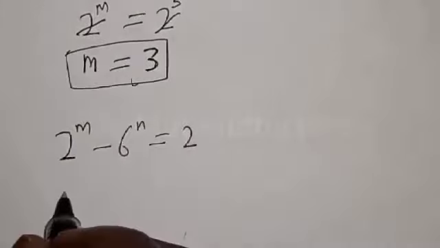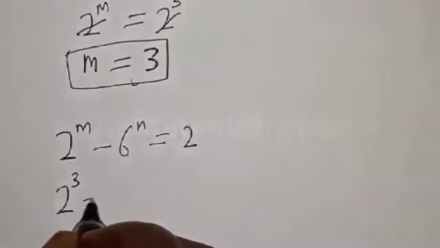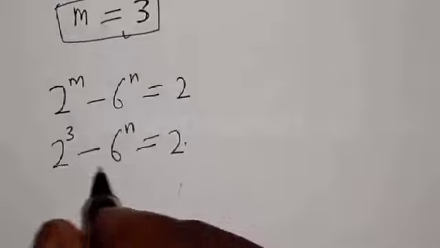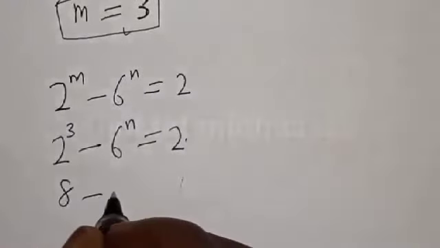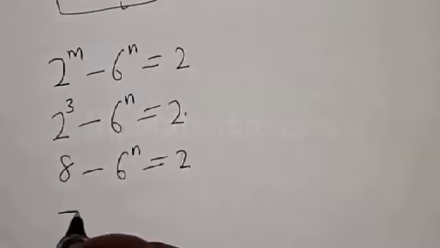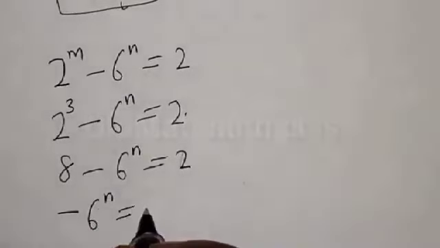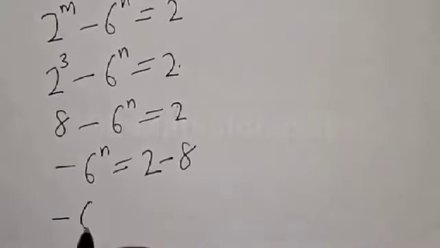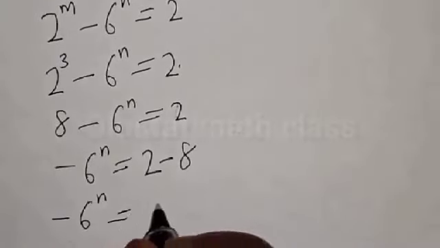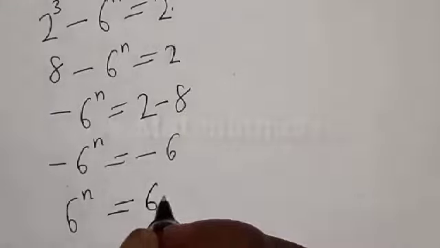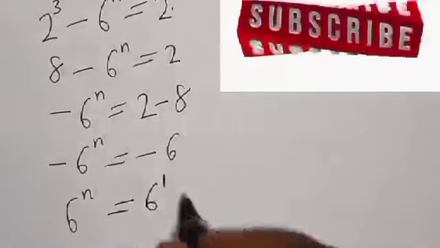We have 2 raised to the power 3, which is 8, minus 6 raised to the power n is equal to 2. Then minus 6 raised to the power n is equal to 2 minus 8, which is minus 6. Then 6 raised to the power n is equal to 6, which is the same thing as 6 raised to the power 1.